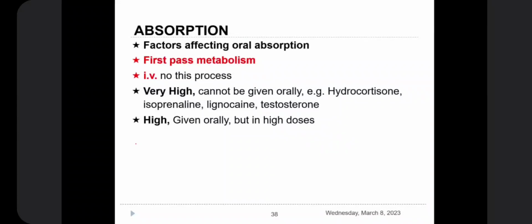The process is from the intestine to the intestinal blood, and then into the portal vein, and from the portal vein into the liver. This is the whole process. And after metabolism in the liver, the first pass metabolism, it finally will come into circulation. Okay, do you understand?